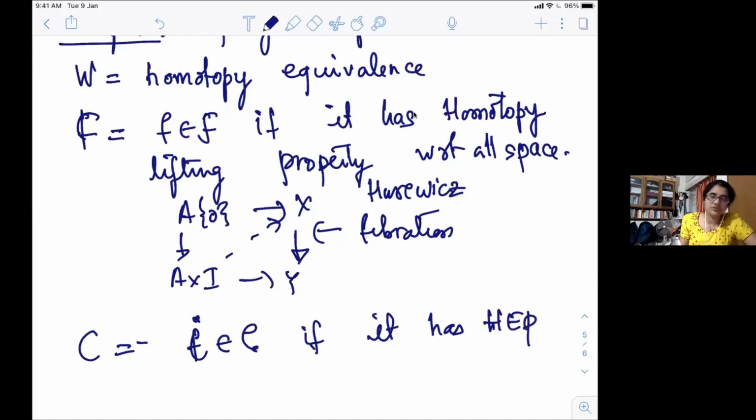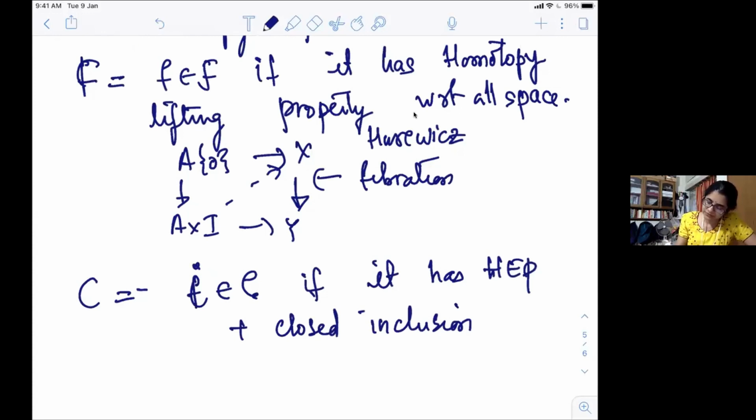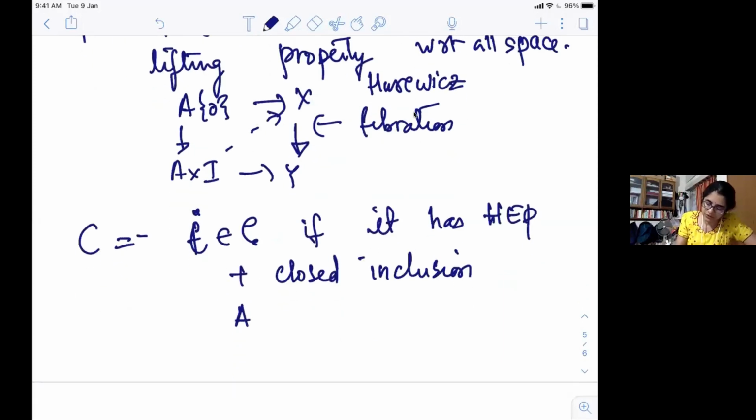This is also something Samik mentioned, so I can write it down in a second. Plus, it must be a closed inclusion. This is something needed to make this into a model structure, because you also need things to lift against each other. All right, so the factorization is something that Samik talked about.